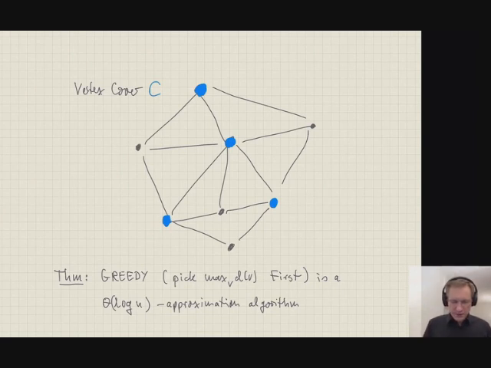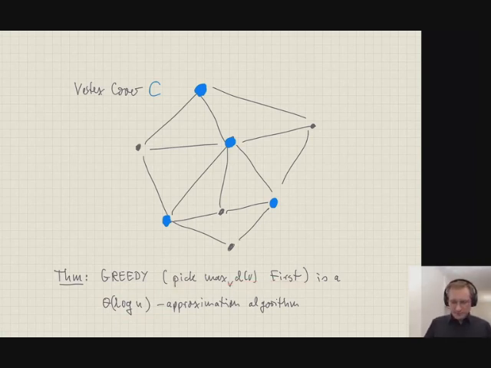So that means for any edge in the graph, I have to select in blue at least one of the two endpoints. And in the last lecture, it was quite a bit of work to show that the greedy algorithm is a logarithmic approximation algorithm. So it always computes a vertex cover which is at most a factor log n away from the optimum solution. And the greedy algorithm was the one that always picks vertices of maximum degree next.